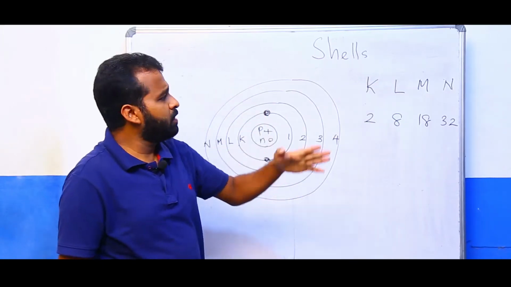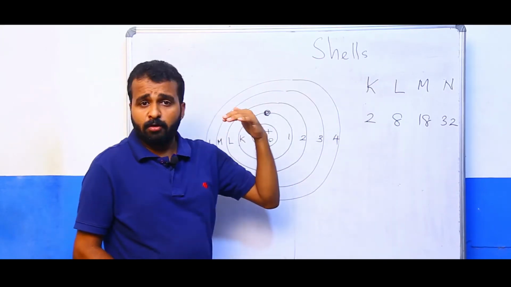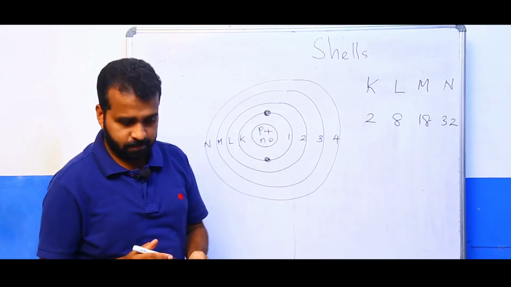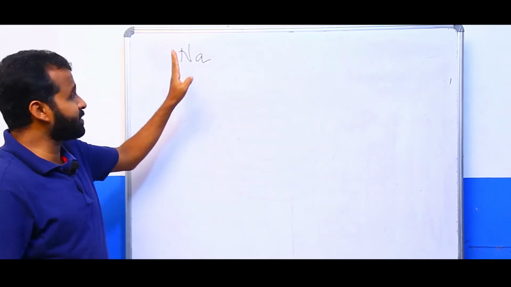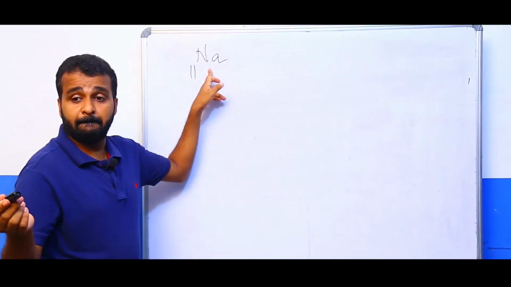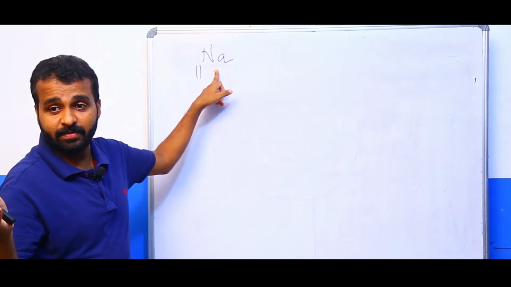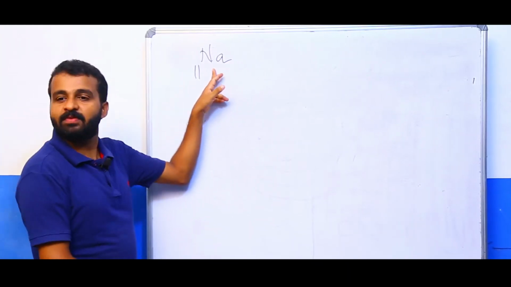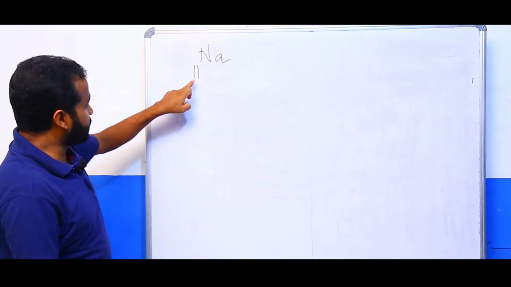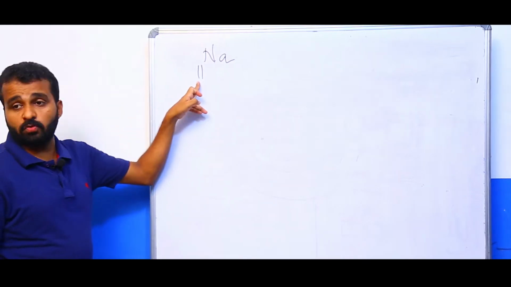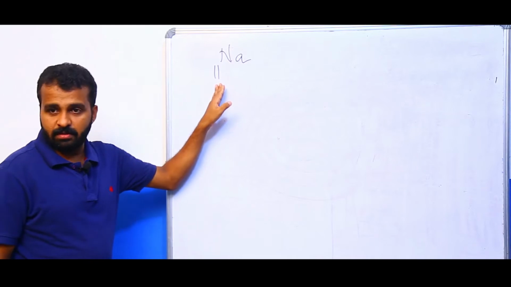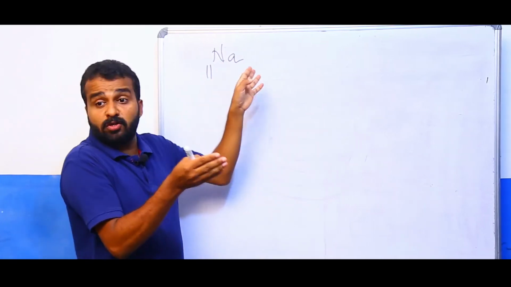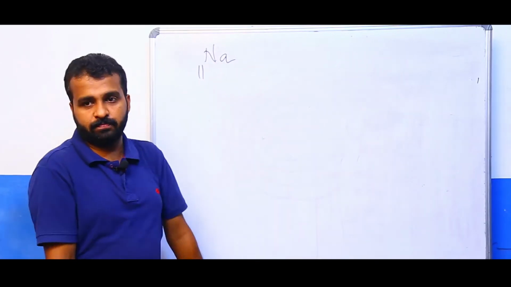Can you write the shell electronic configuration of some elements? What is the symbol of this? Na. Good, sodium. This is the atomic number of sodium, which is 11. How can we write the shell electronic configuration of sodium?